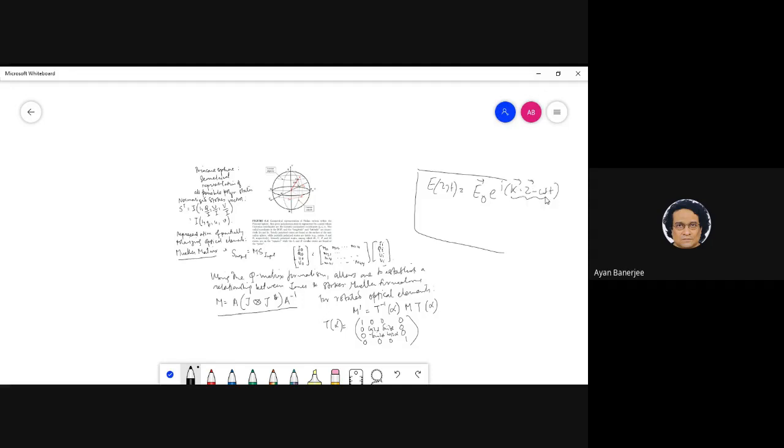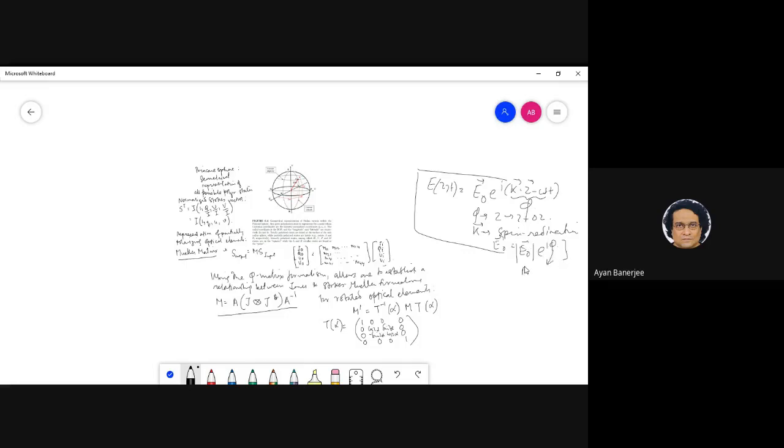So this is your phi. Phi can change when you change z to z plus delta z, or also if you change this k, which is your spin redirection. And your E0 I can write as some E0 times e to the i phi.